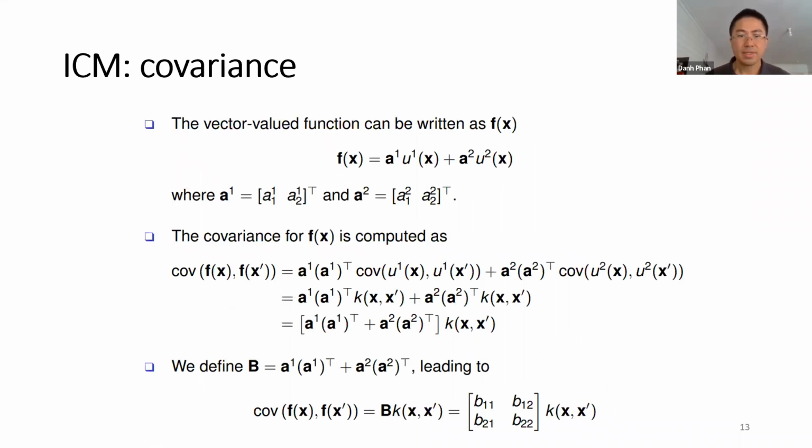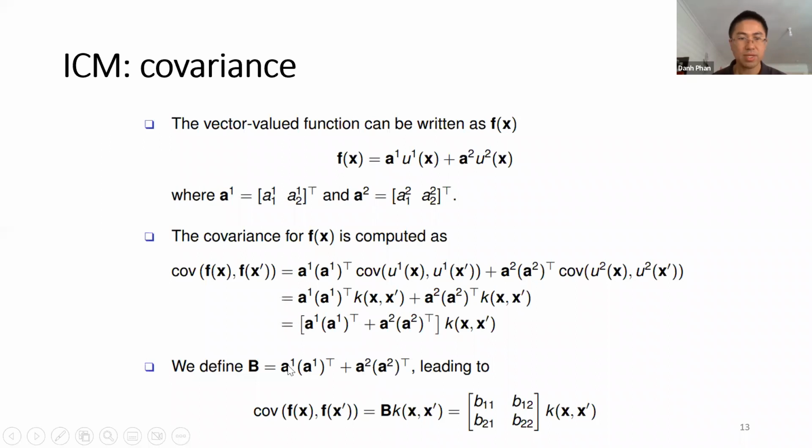And similarly, we can calculate the cross covariance between the Fx and Fx prime by replacing the F1x, F2x with U1 and U2x, and then we define the B here will be the sum of two multiplication vectors A1 and A2 here.